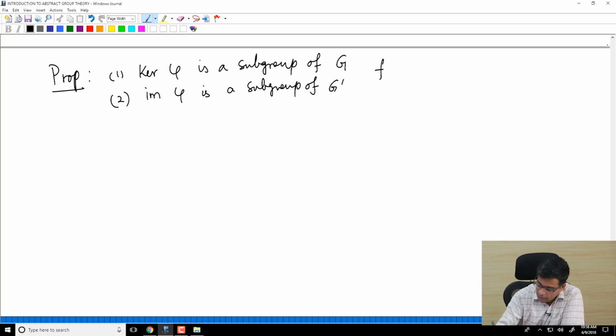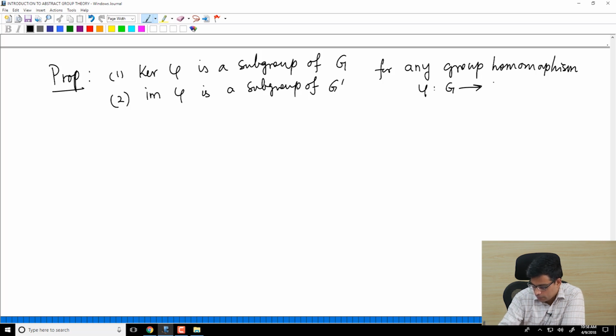This is true for any group homomorphism. If you start with any group homomorphism phi, the kernel is a subgroup of G and the image is a subgroup of G prime. What is the proof? It is again fairly straightforward.